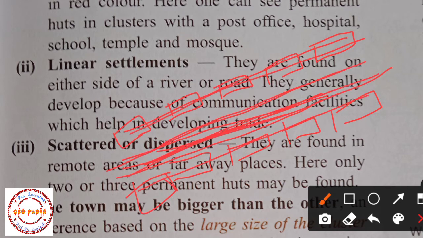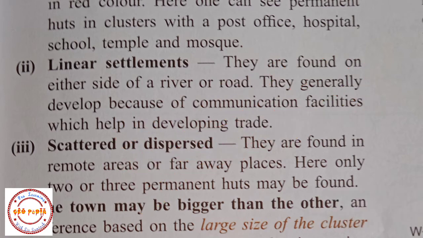That's why this type of settlement is known as linear settlement. You can find these types of settlements on either side of a road, river, railway track and many other features. So this is called linear settlement.